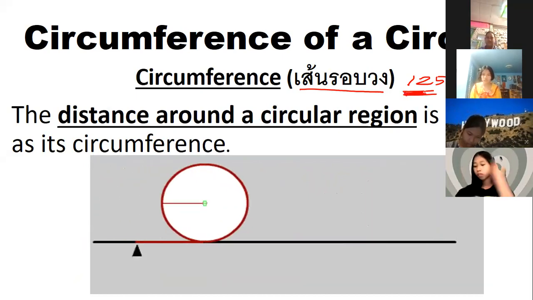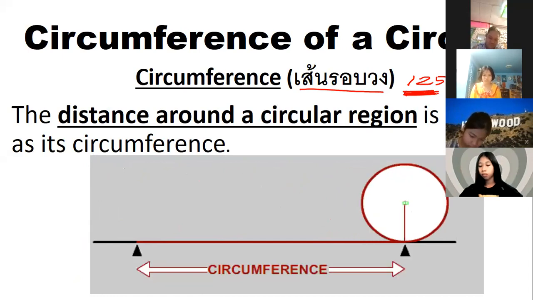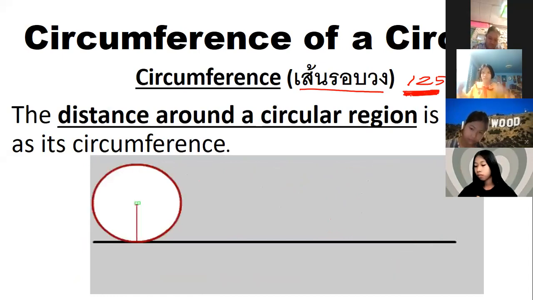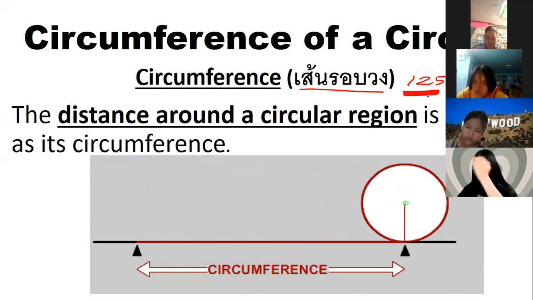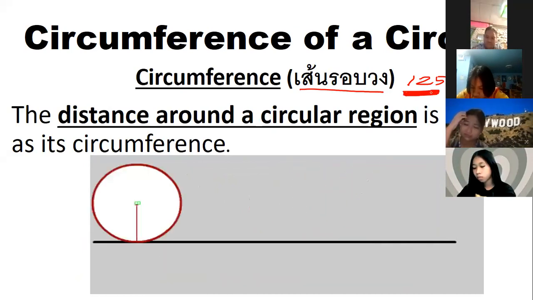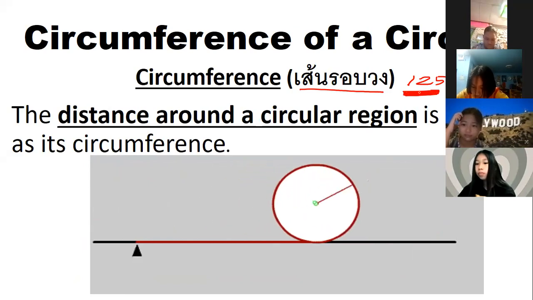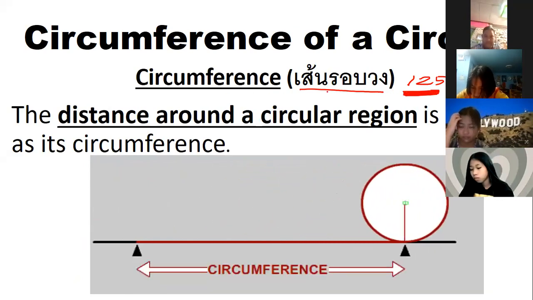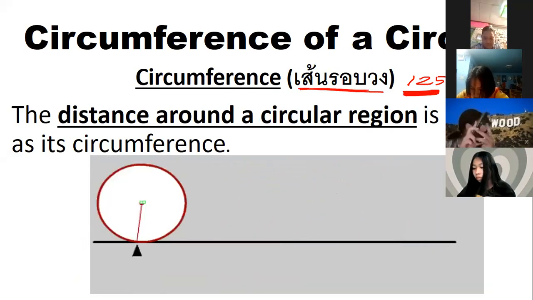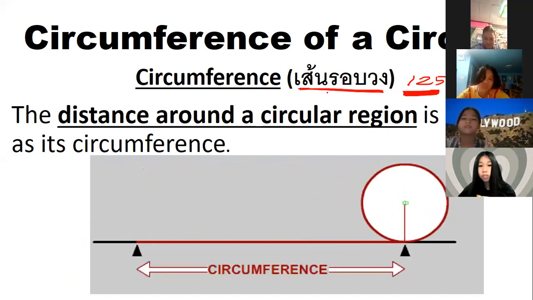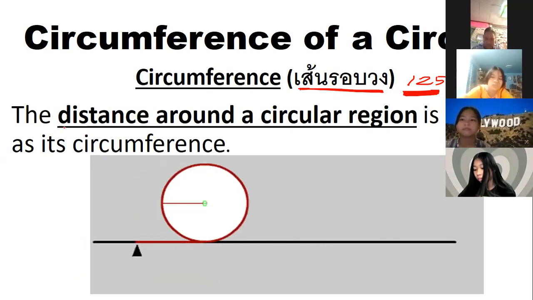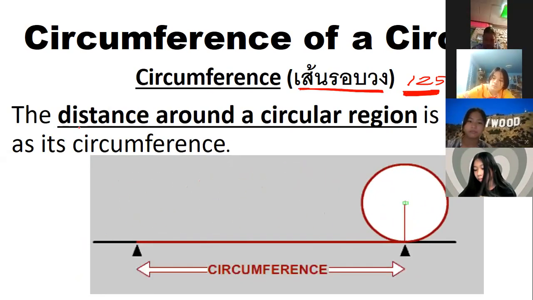I don't know if you have studied this already. And you have a new teacher in science, right? Okay. So circumference, is this correct? I think so. Circumference is correct.